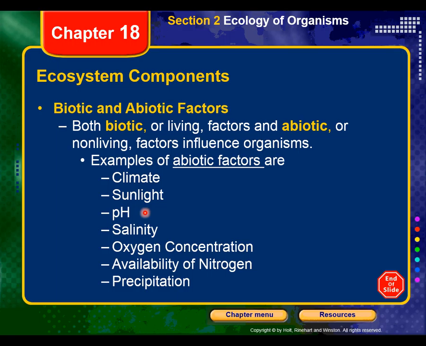When we talk about that, it changes your pH scale. The salinity, how much salt is in the water. Oxygen concentration is important. The availability of nitrogen is so important for plants and their ability to create proteins. And precipitation. Certain organisms can't survive in areas where there's not enough water. So we have to make sure that we're aware of that.